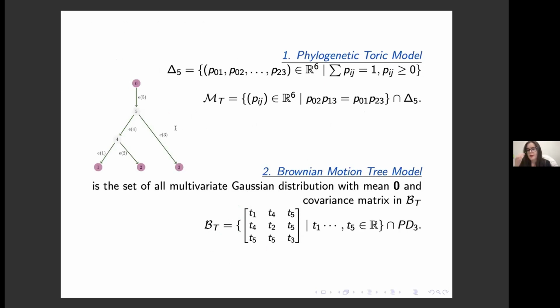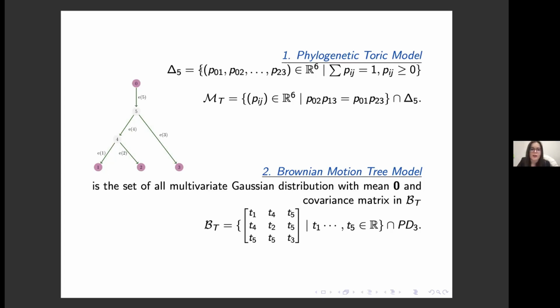The first model will be a log linear model, which Jane talked about in her talk. Recall that delta n-1 in general is the probability simplex. So delta 5 is all the points in R^6 such that the sum of coordinates is 1 and each coordinate is non-negative. To make writing the model easier later on, we index the coordinates of these points with ij, so p_ij, where i and j are any two distinct leaves of the tree.